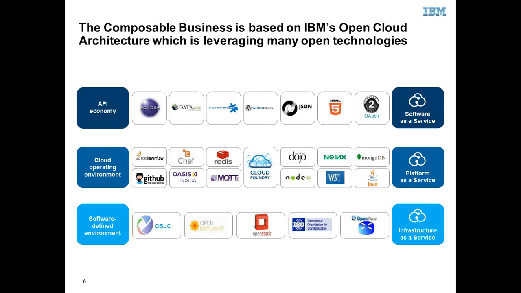So we have put together all of these, and we launched IBM Open Cloud Architecture, through which organizations can realize the composable business model and venture into the API economy.